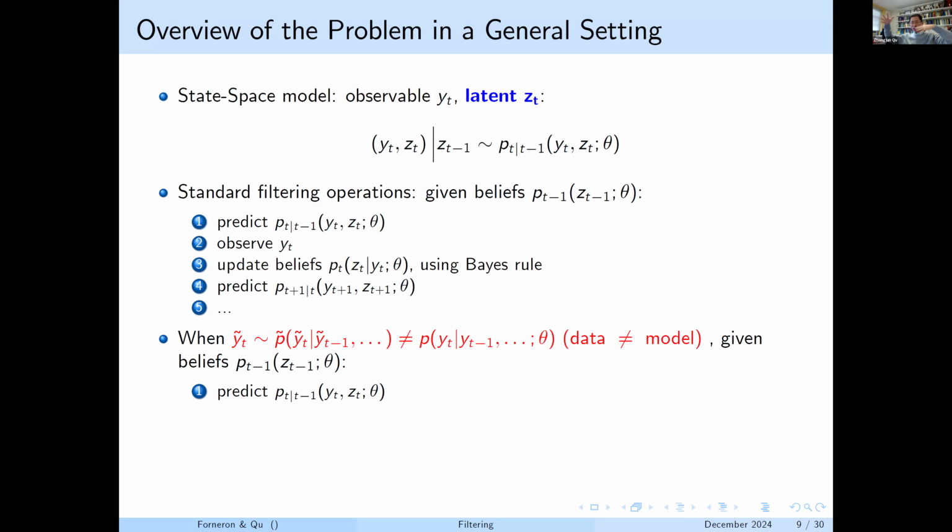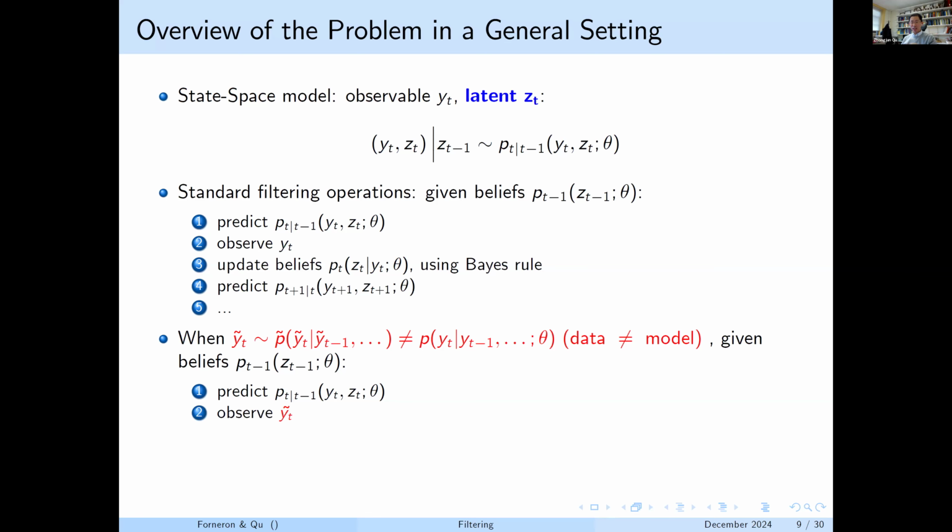So we have two sets of dynamics that are incompatible with each other. Here we can start with the same belief at t-1. The model generates a prediction. At this point, everything works, nothing's wrong.